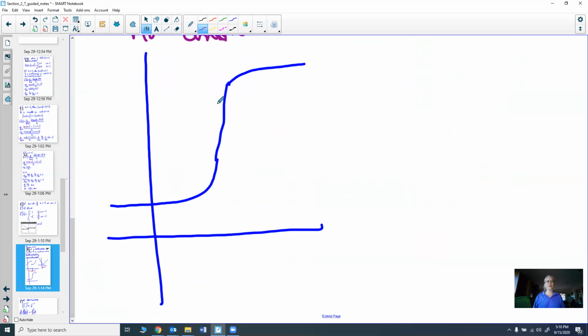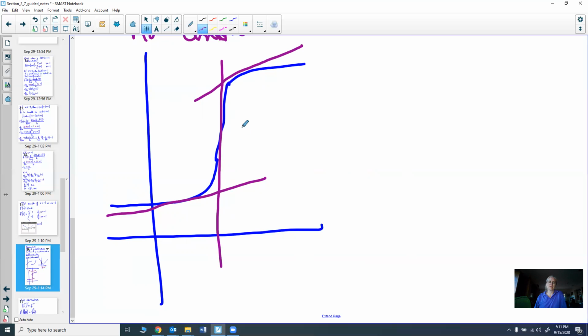And that is, remember, derivatives have to do with tangent lines. If I was drawing a tangent line right here, I could find that slope. And if I'm going to do it here, that would be the tangent line. I could find that slope. Well, the problem is if I draw it right here, there's my tangent line, but that tangent line is vertical.